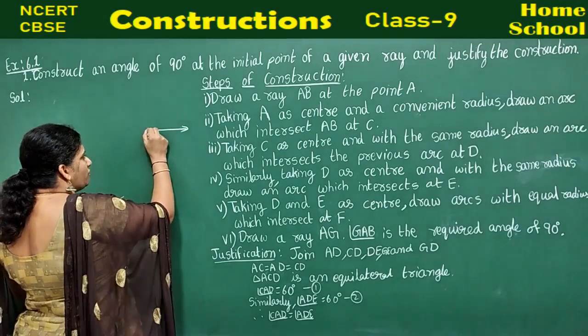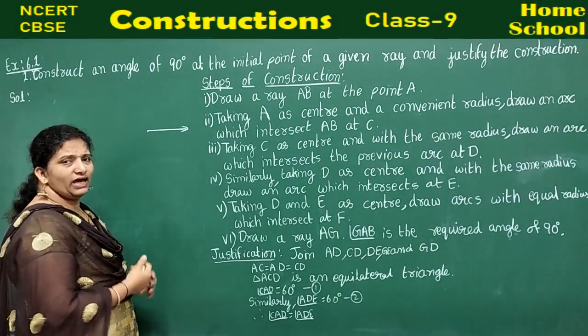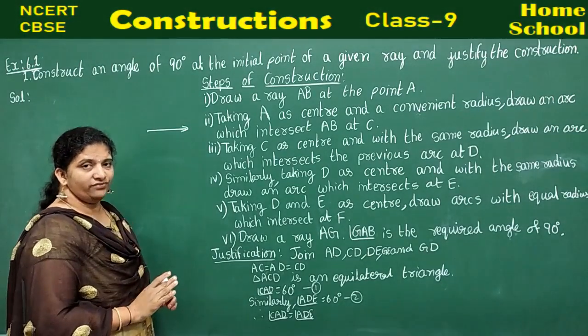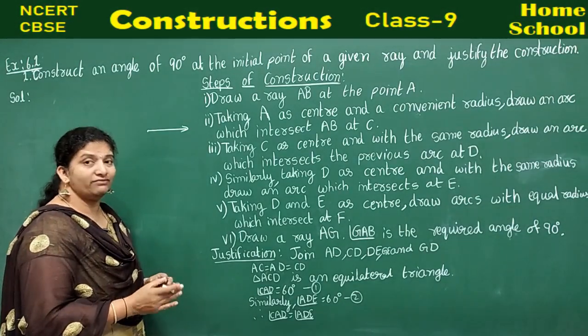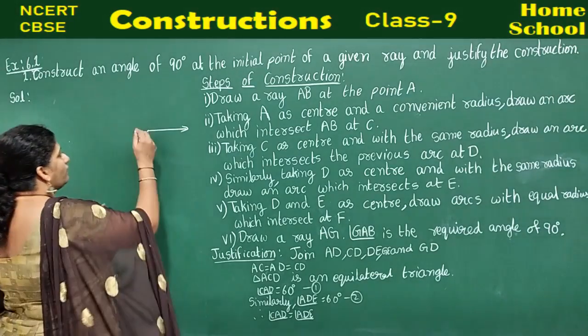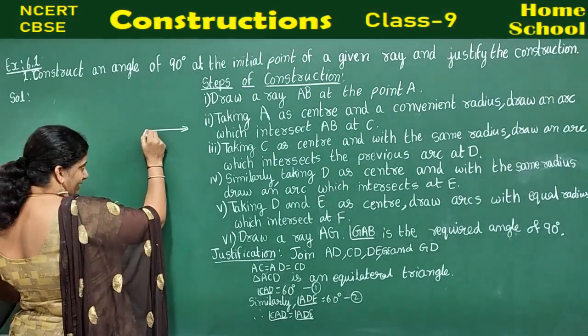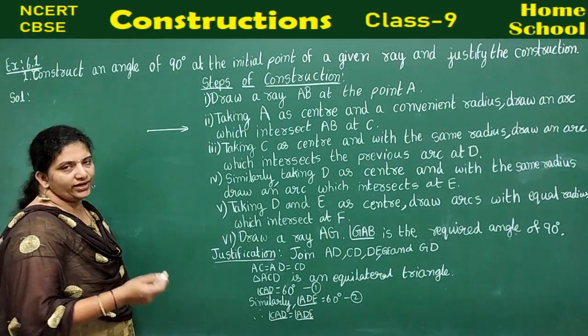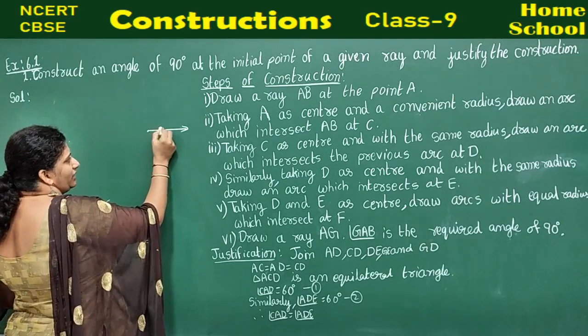Now from this point with a convenient radius, I am doing a rough figure. For every construction, we need to do a rough figure and understand how we can draw this construction. With this point as a center, with some convenient radius, draw an arc.